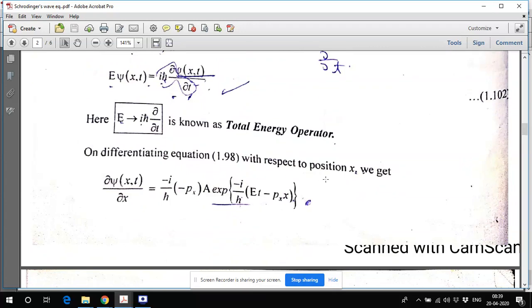On differentiating with respect to position x, my quantity is minus i upon h cross with this p_x, and the whole quantity as psi. Initially, with respect to t, the quantity was minus i upon h cross into E. Now with respect to x, I will have minus i upon h cross and p_x.